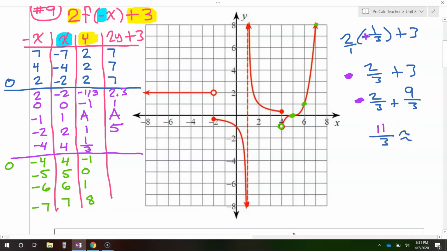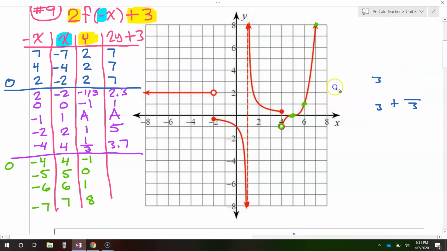Okay, and 11 divided by 3 is approximately 3.7. All right, I'm just going to clean that up in case I need the space.